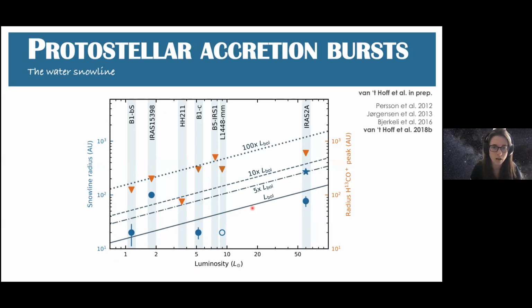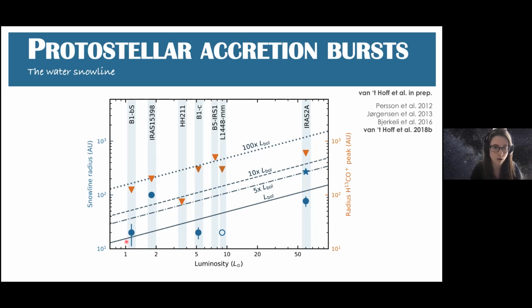And this solid line is where we roughly expect the snowline to be based on the luminosity. So it's slightly lower than we would expect, but definitely no sign of an accretion burst. We do see a sign of an accretion burst in the CO emission. So this suggests that for B1C, the burst happened between 1,000 and 10,000 years ago.